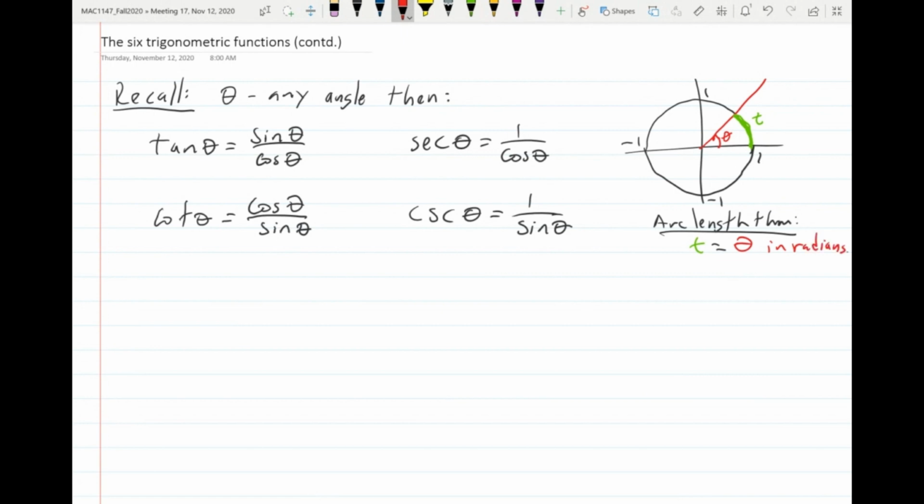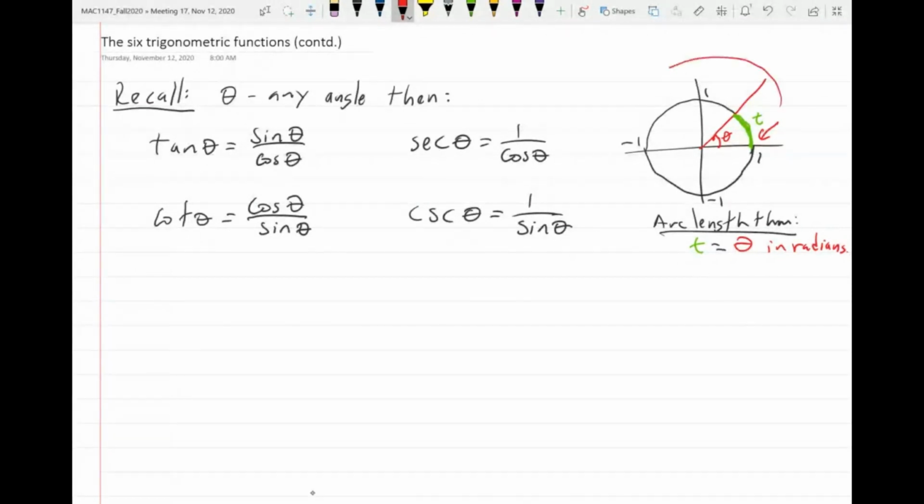So theta has to be in radians. This connection allows you to talk about the sine, cosine, tangent of real numbers, because we can think about real numbers in this way, with the wrapping function around a circle. Any number that you give me, you can think of as a little string of that length, and then you just start at this point, and you wrap it around.